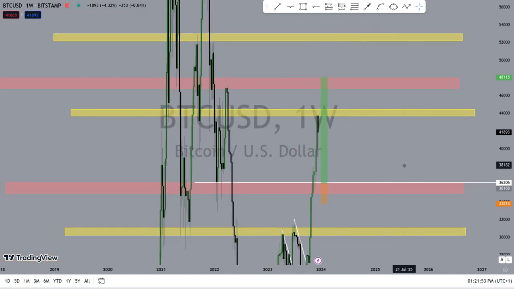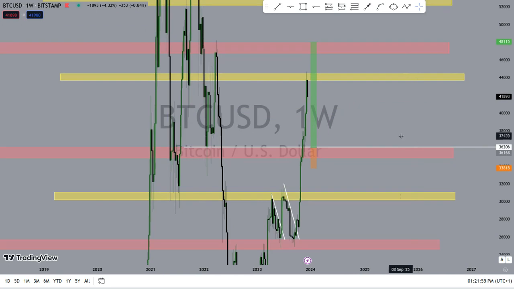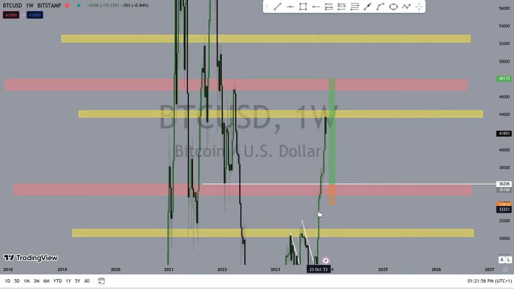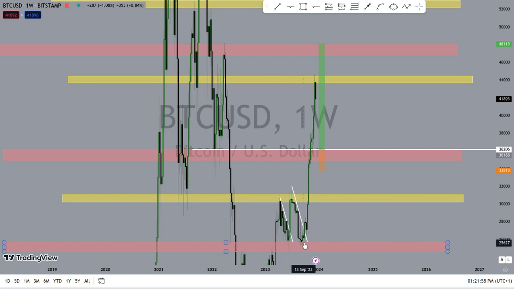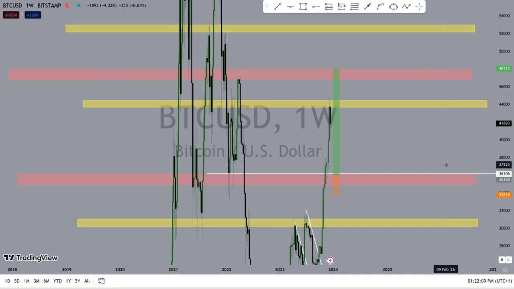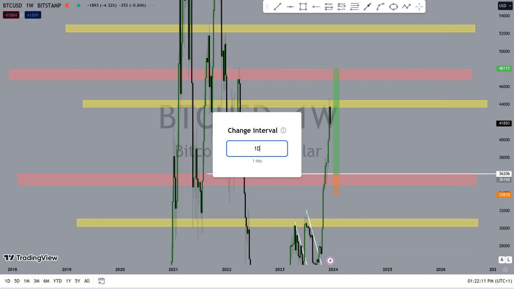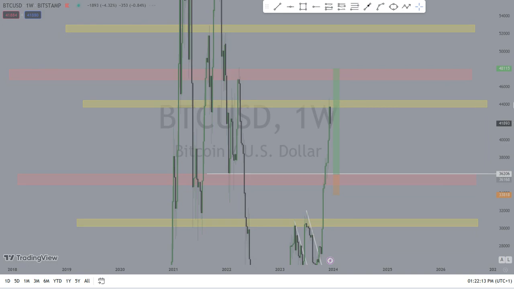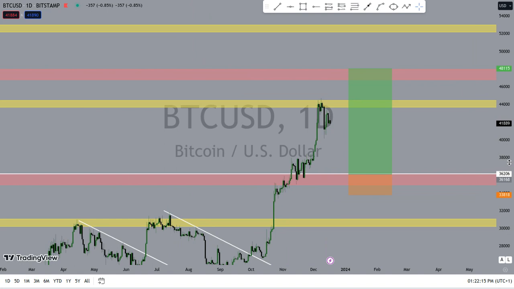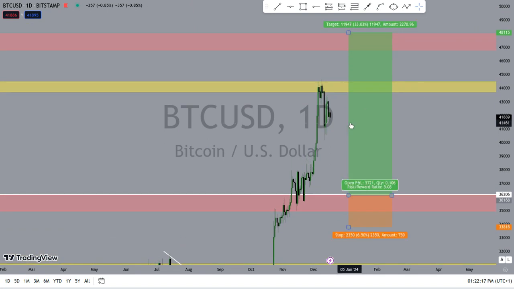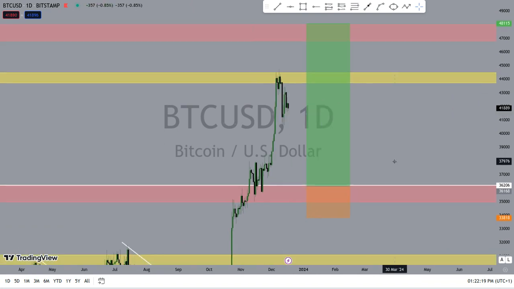Looking at BTC USD, we can clearly see BTC has been trending in a bullish run for the past months now. You can see the great bullish run in BTC USD, and this might give us a retracement on BTC USD.